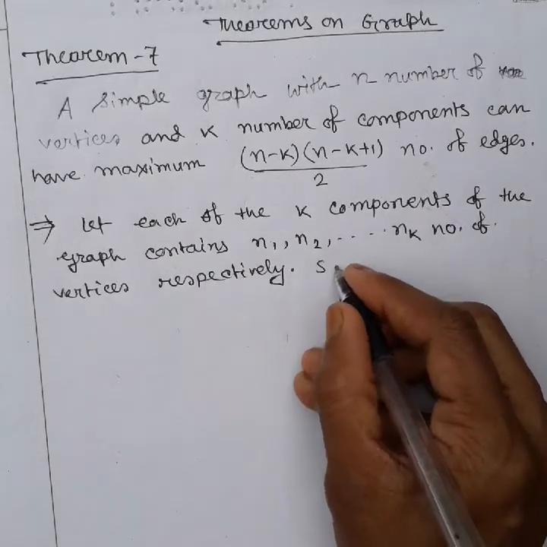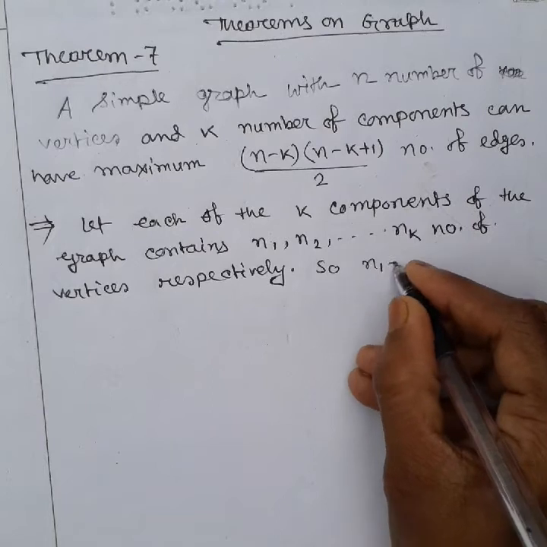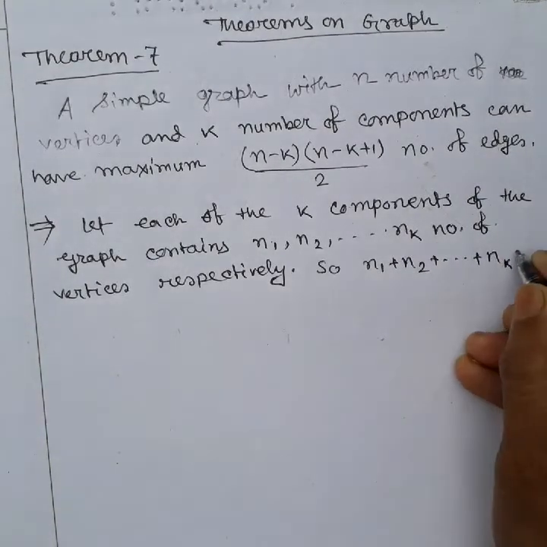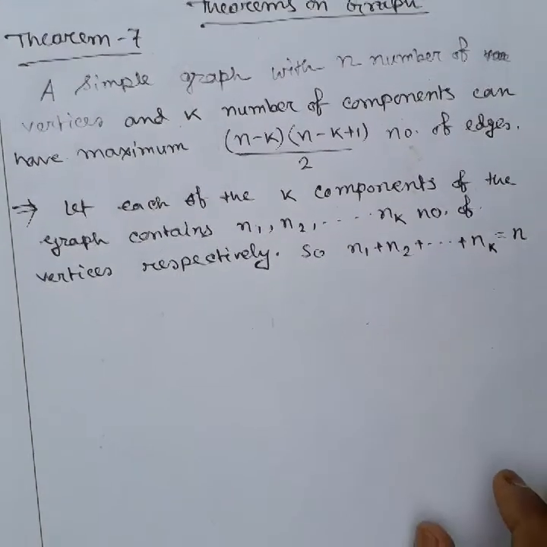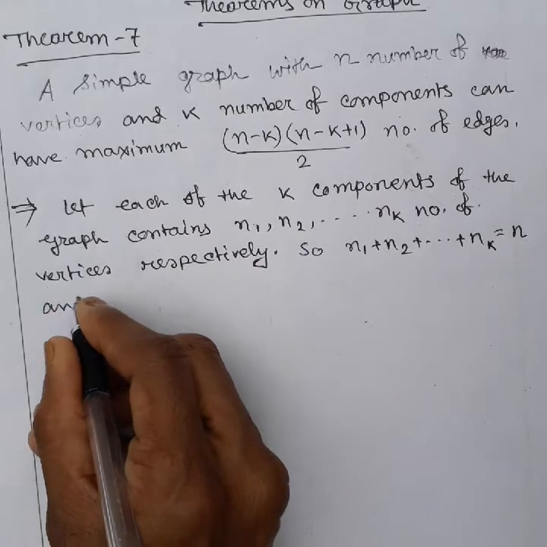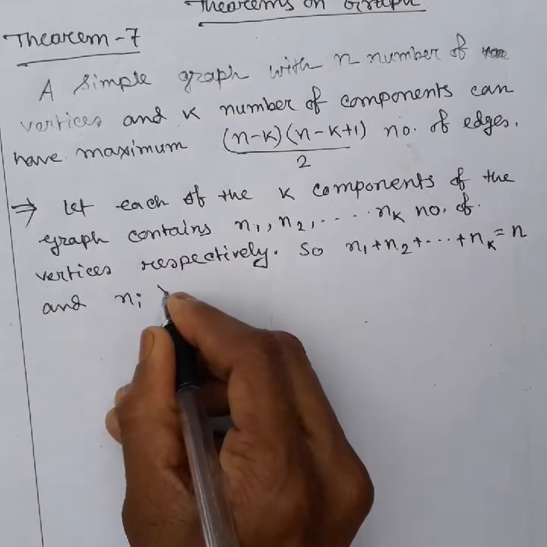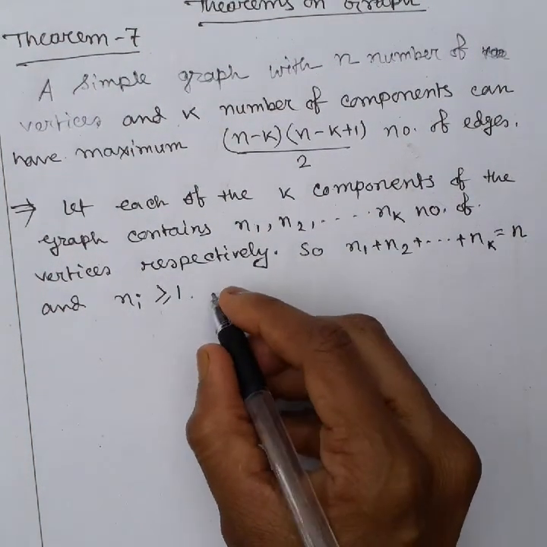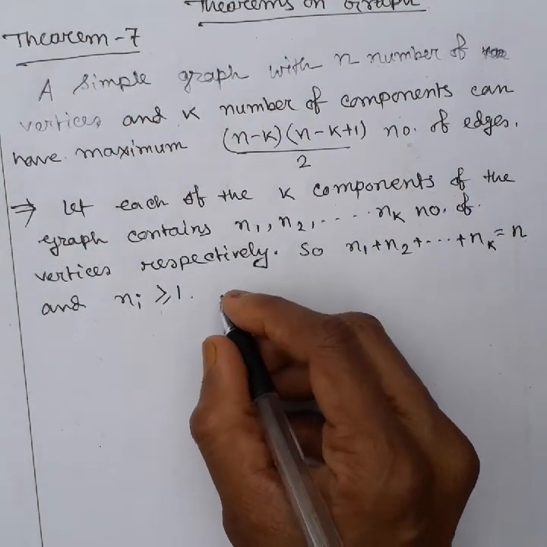Okay, so we have n1 plus n2 plus up to nk equals n. And here ni is greater than or equal to 1. Okay, so now we prove here.